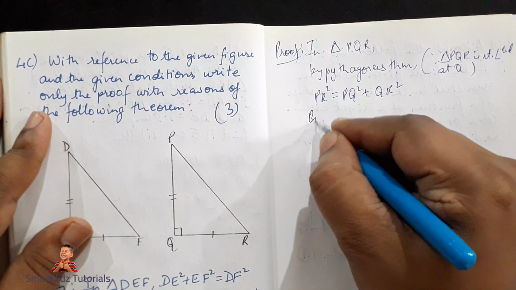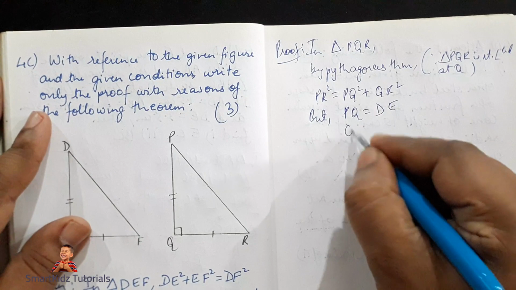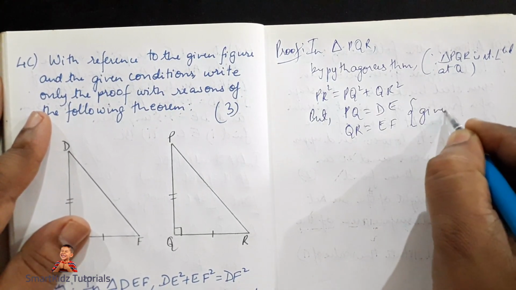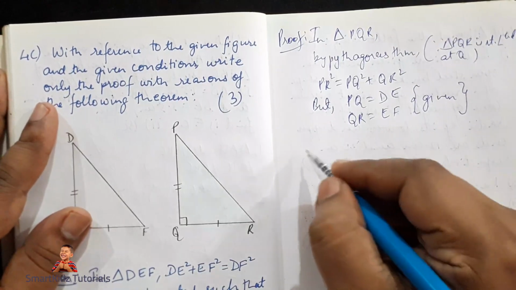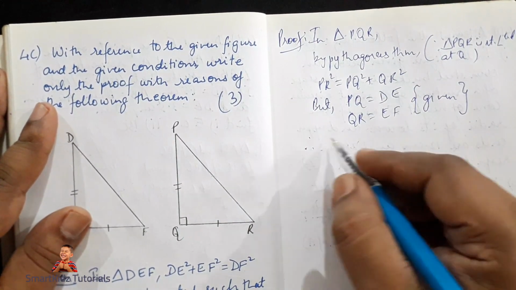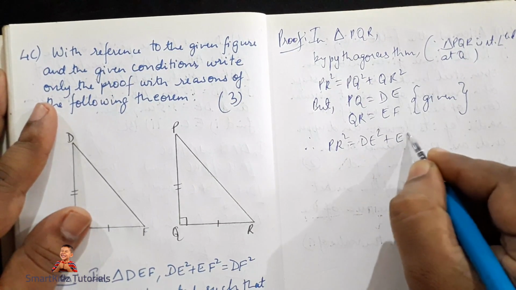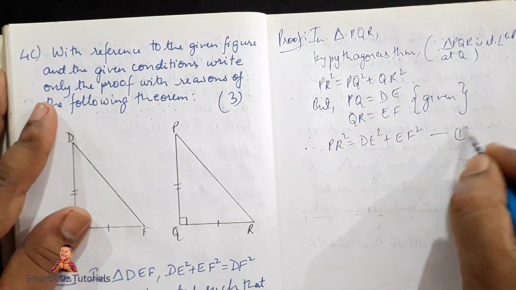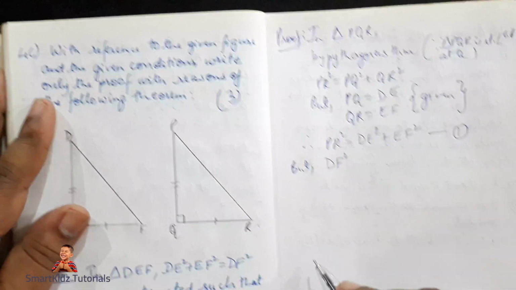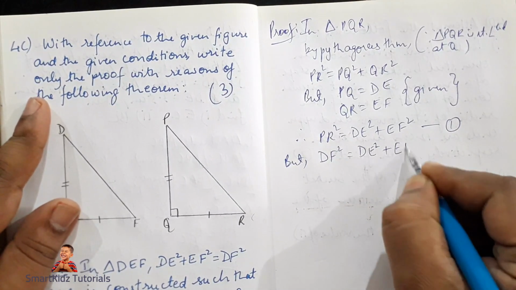Now, we have been given that PQ equal to DE and QR is equal to EF. This is given to us. So write this as given. Therefore, we can write this same thing, that is PR square equal to PQ square plus QR square, as PR square equal to DE square plus EF square, and we mark this as 1. But we have been given that DF square is equal to DE square plus EF square.